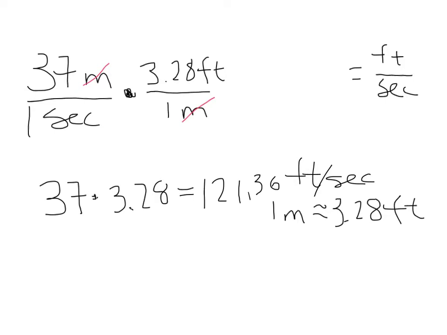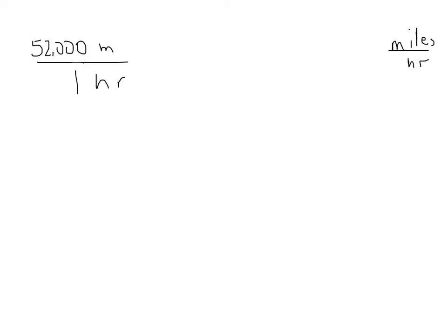Moving to the next slide, we see a new problem that will ask us to convert from meters per hour to miles per hour. This problem might require us to do 2 steps of multiplication, very similarly to the previous problem, but just one more step. So what we have is meters per hour.